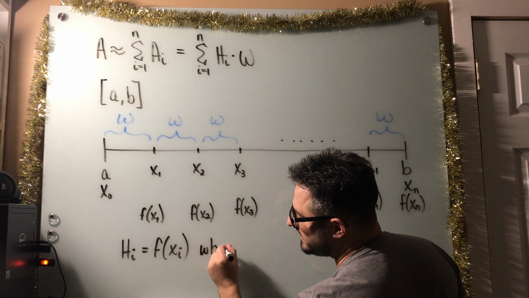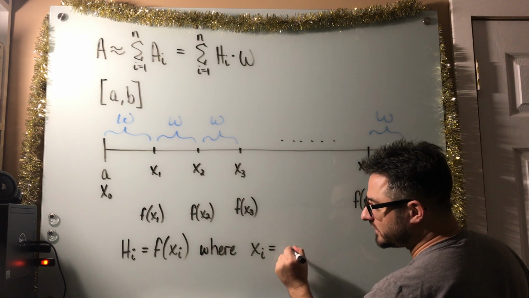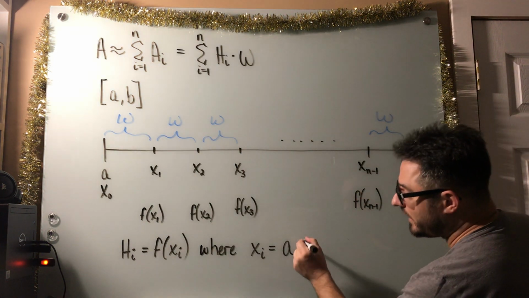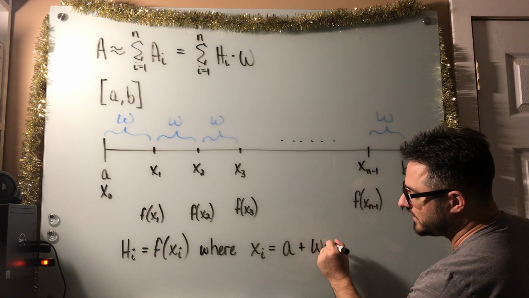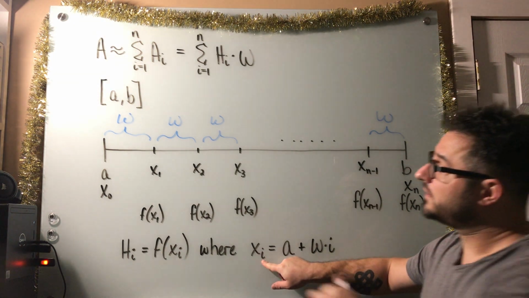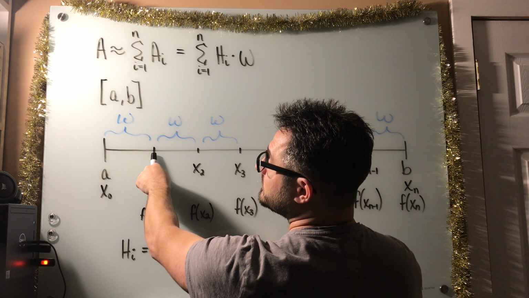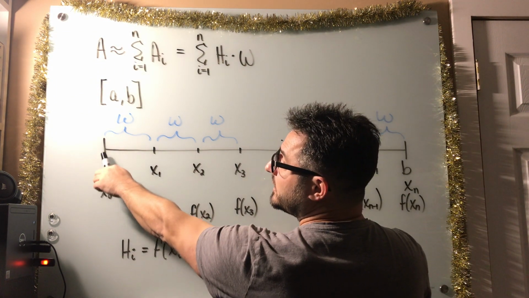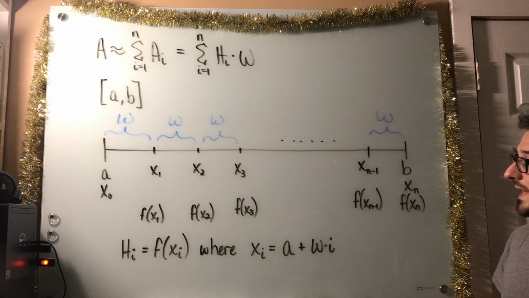In general, we could say this, that the value of x sub i comes from starting at the left endpoint of the interval and going a distance of w i times. So that when i is 1, we start here and go a distance of w once. If i is 3, we start at the beginning and go a distance of w 1, 2, 3 times. And so on.